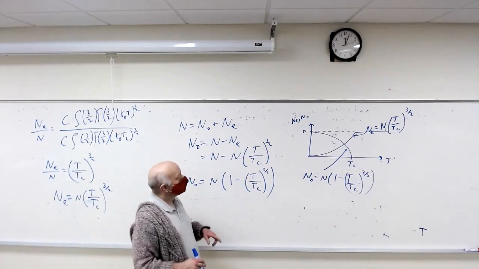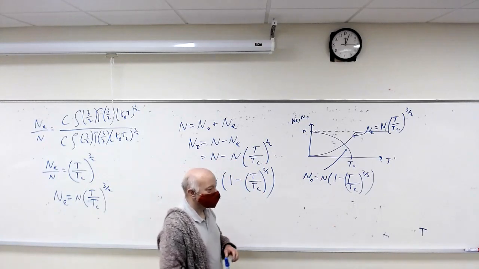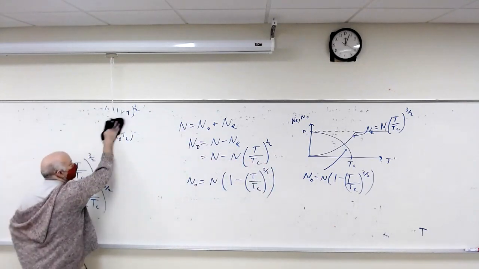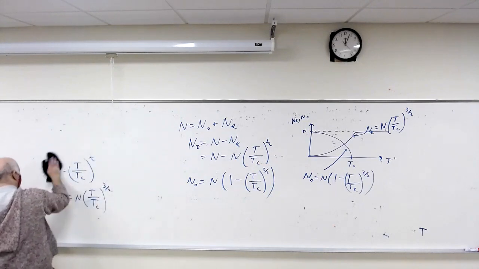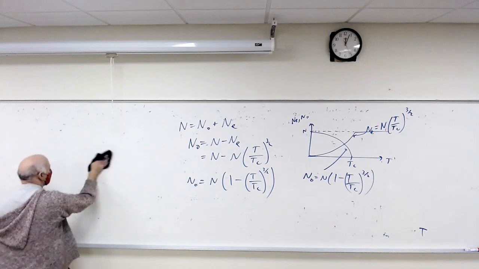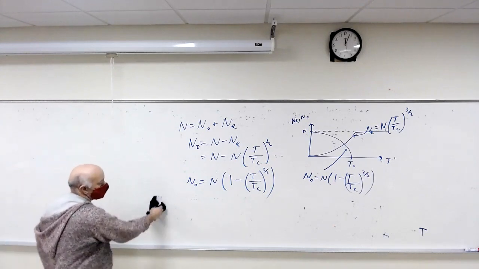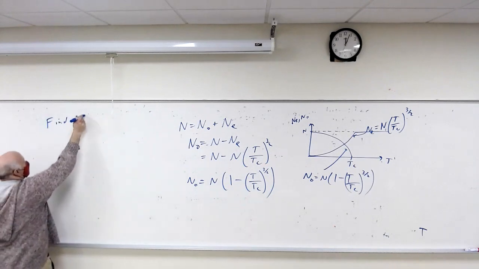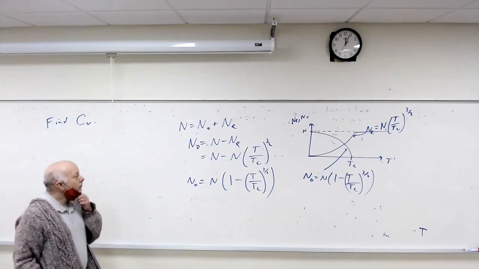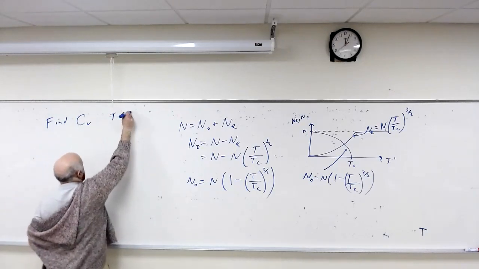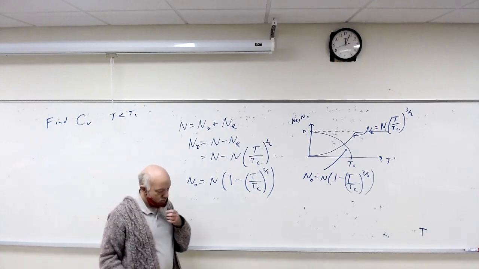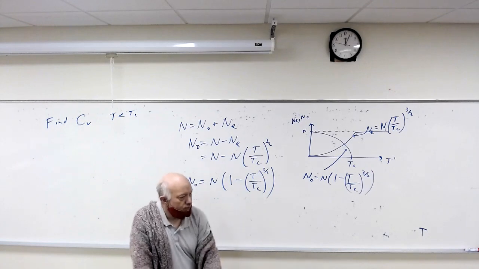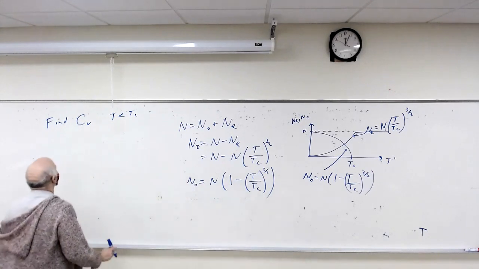Okay. Hey, let's calculate the heat capacity of this. And this would be below. Let's see here. How do you do it? C_V is what?